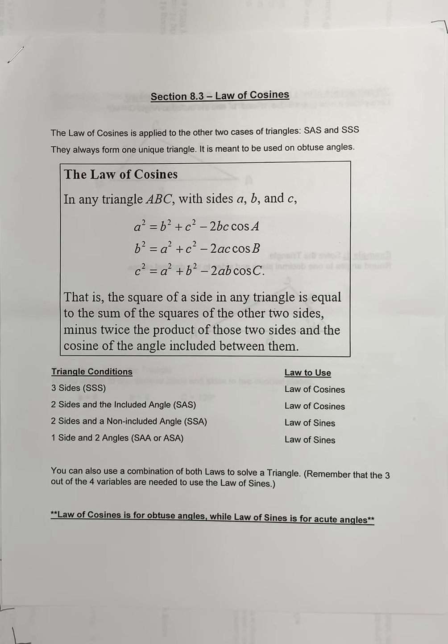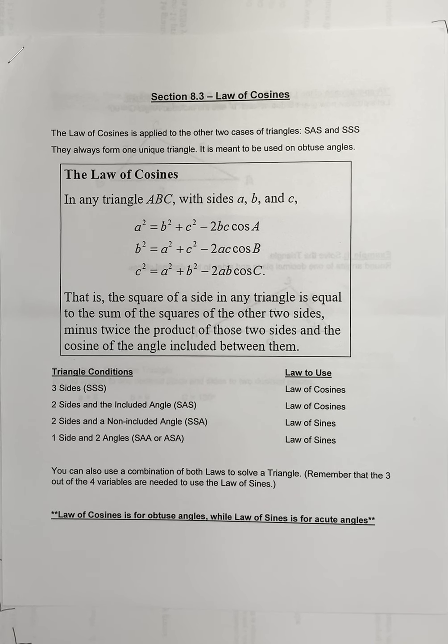So in 8.1, we talked about applications of right triangles. In 8.2, we talked about the law of sines. And now we're going to talk about the law of cosines. Remember that in section 8.2, we talked about the four possible cases of oblique triangles, those that do not have a right angle.